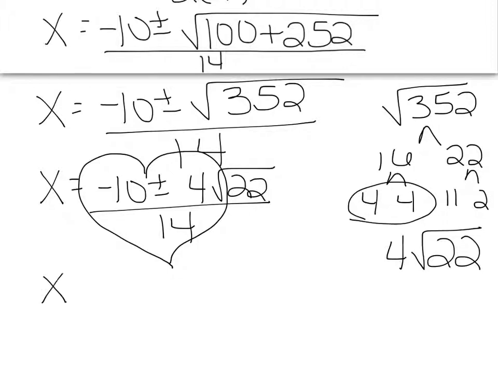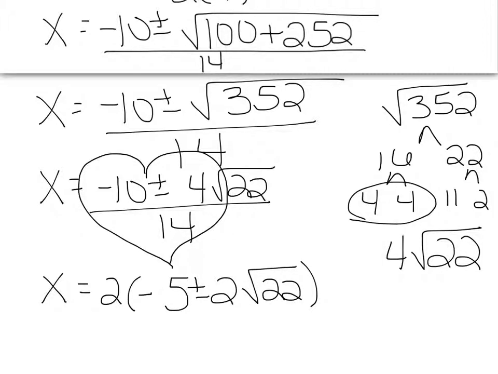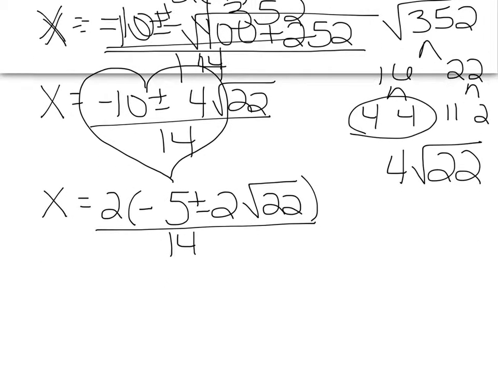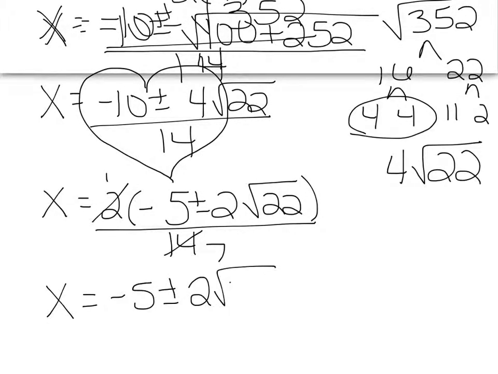So you're going to factor out a 2, which is going to leave you negative 5 plus or minus 2 square root of 22 over 14. And the benefit of that is now the 2 and the 14 can reduce to 1 and 7. So your answer is negative 5 plus or minus 2 square root of 22 over 7.